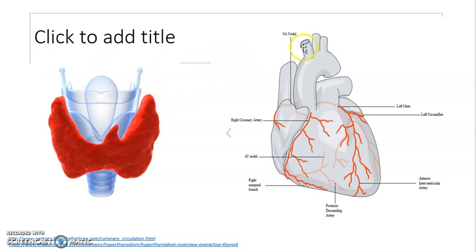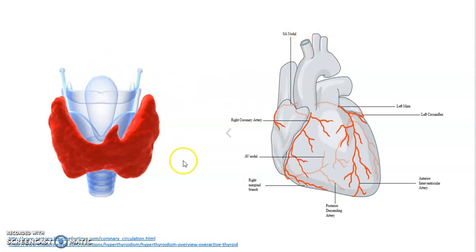So these are some of the effects that you might see. So, hyperthyroidism, and also reduction of coronary blood flow. We'll continue in the next video.